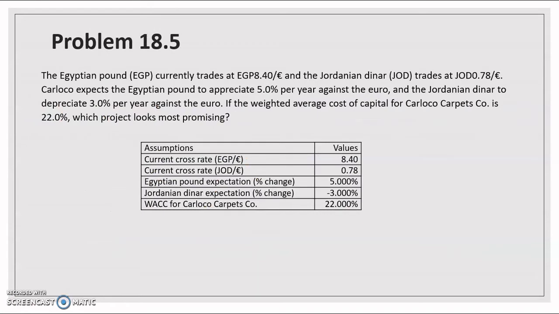First, what's relevant to see is the exchange rate between Egyptian pound and euro. For 1 unit of euro, the Egyptian pound exchange rate is 8.4. For Jordanian dinar, it's 0.78 for 1 unit of euro. Carloco is also expecting an exchange rate movement, the pound to appreciate by 5% every year against the euro.